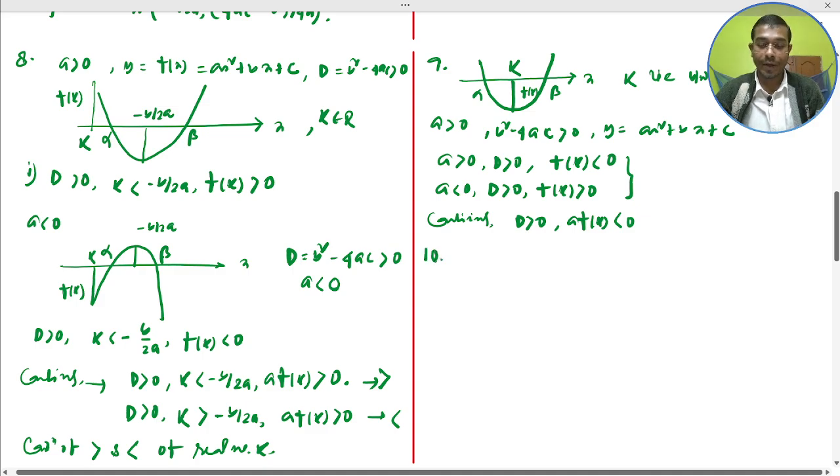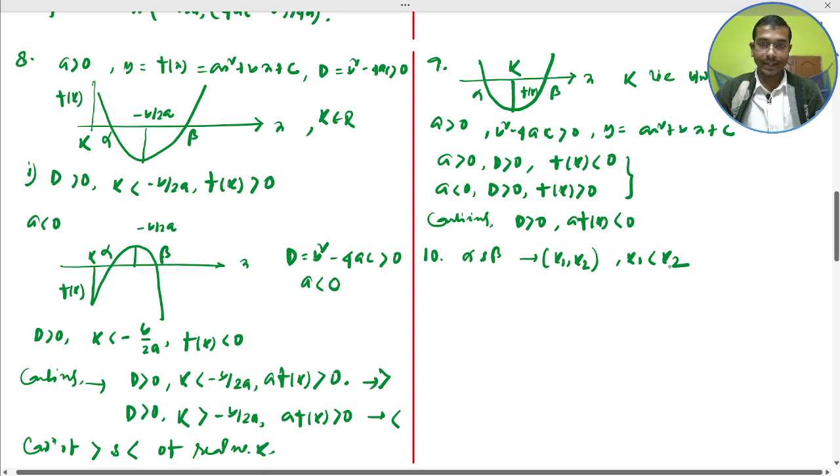Now we do the case of lying between two points k1 and k2. The roots alpha and beta lie between k1 and k2. This is the interval where the condition is given, k1 less than k2.